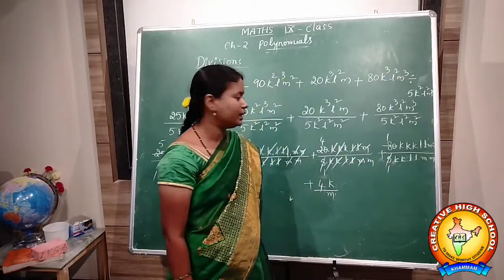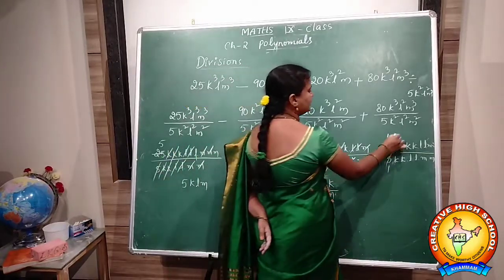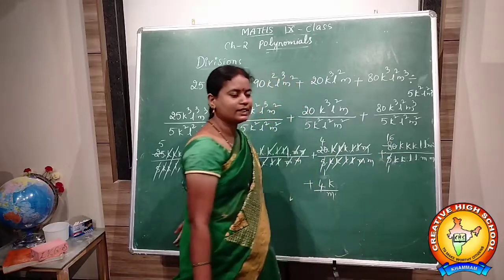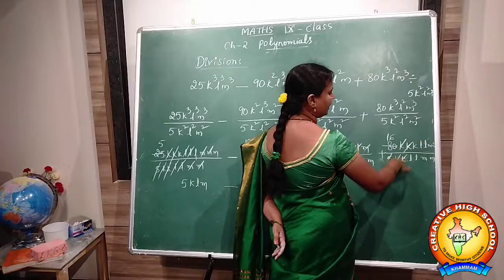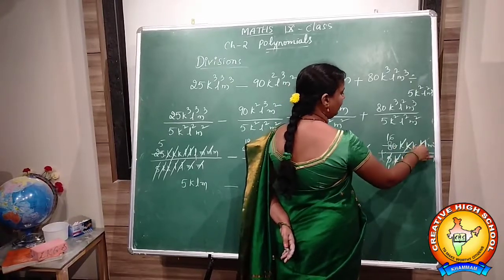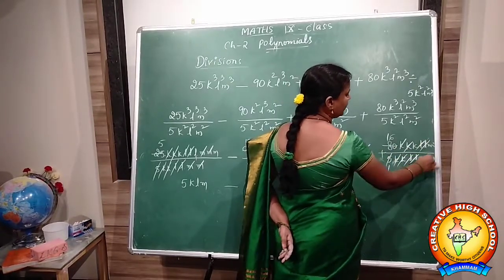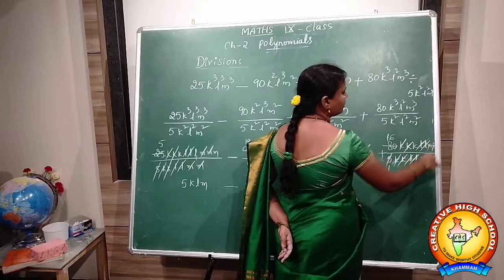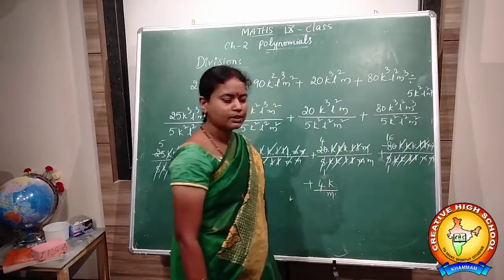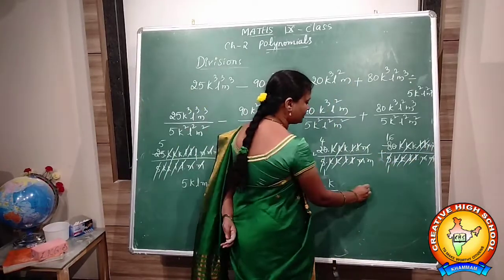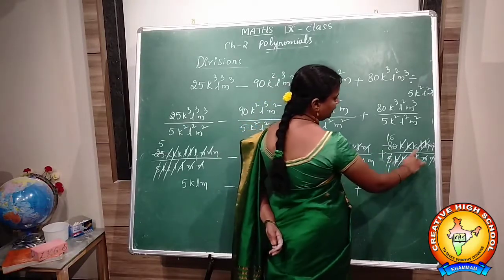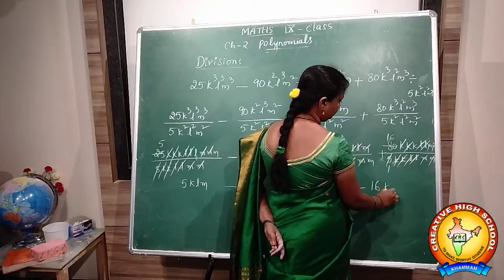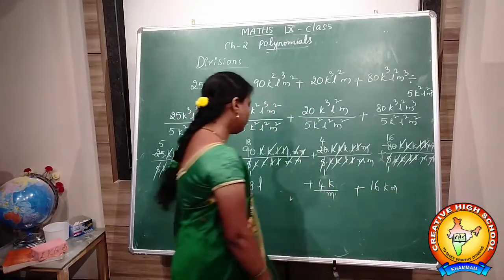So 3 is the remainder, 30. 5 6s are 30. So 5 16s are 80. K gets cancelled, K gets cancelled, L gets cancelled. Here 2 m's in the denominator, 3 m's in the numerator. So 2 m's are cancelled. So what is left here? 16 km is left in the fourth term.